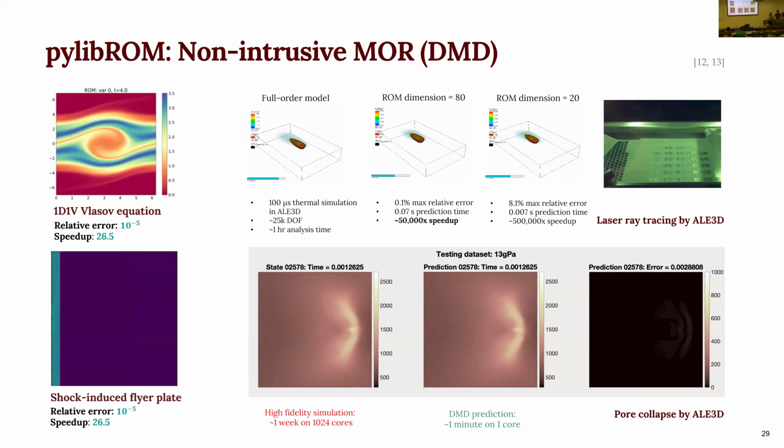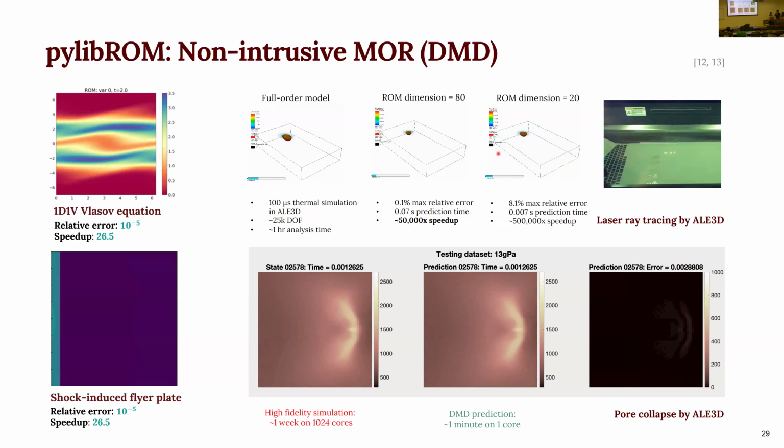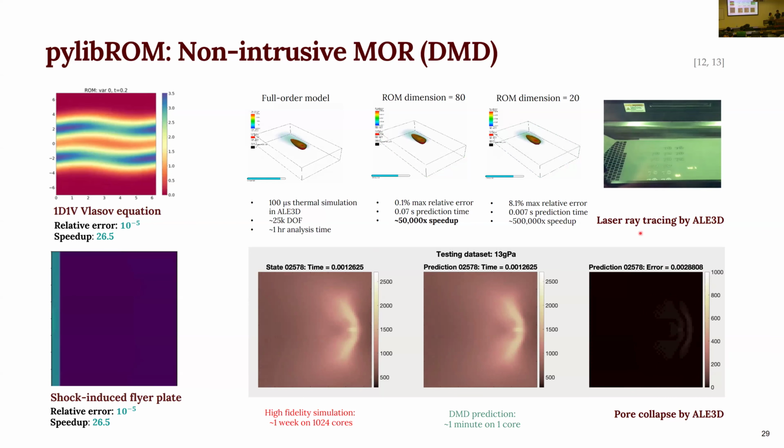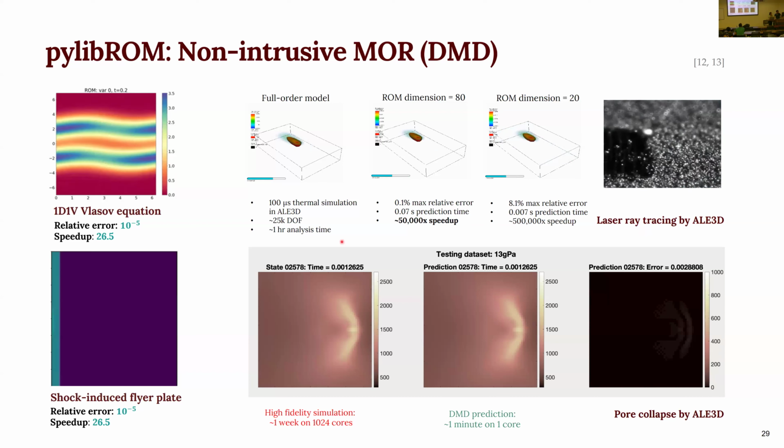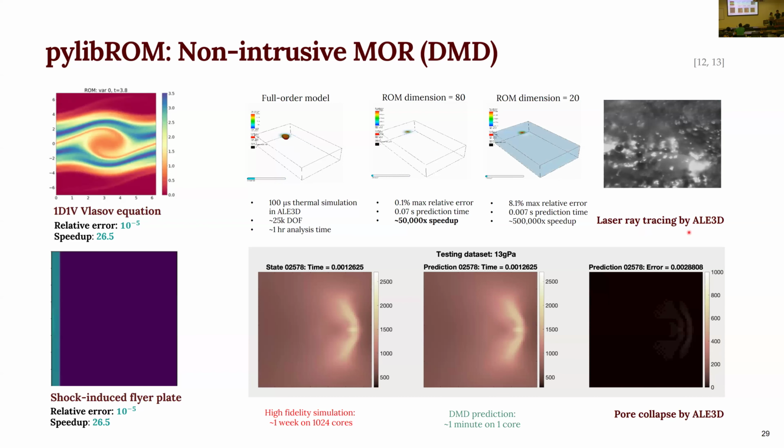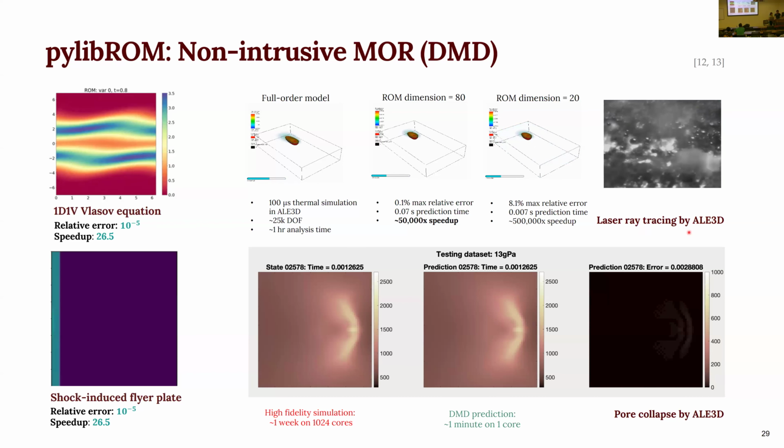This is an ALE3D simulation of laser tracing, which takes about an hour to complete. ALE3D stands for Arbitrary Lagrangian Eulerian 3D analysis. It's a versatile multiphysics tool, also developed at Lawrence Livermore. It gives high fidelity simulation, but it takes a lot of time.